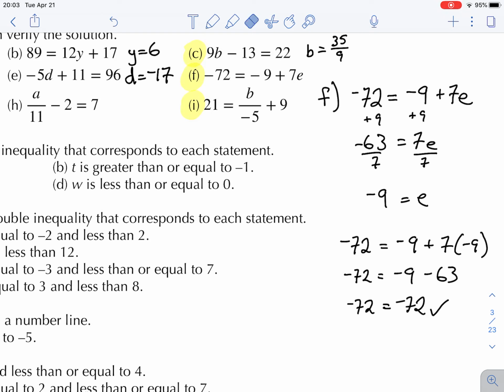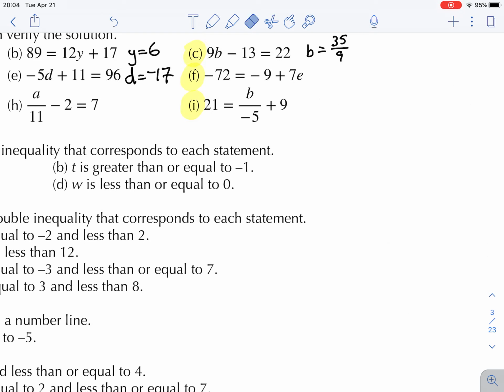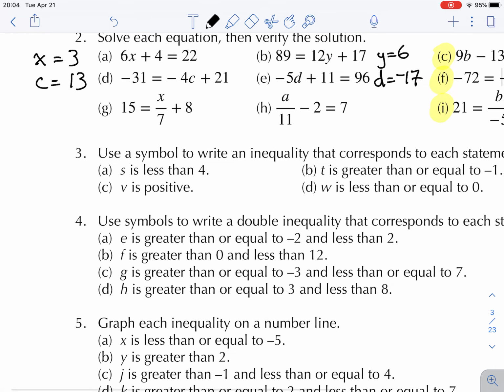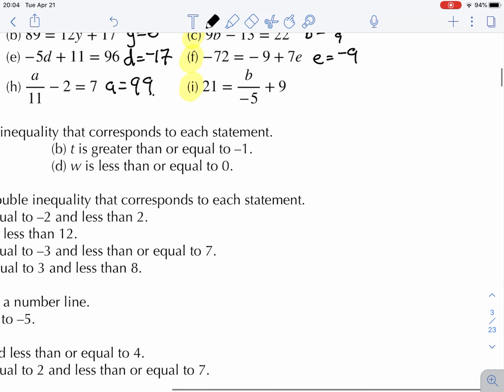Verified. All right, so in letter F, e is equal to negative 9. Letter G, x is equal to 49. And in letter H, a is equal to 99.